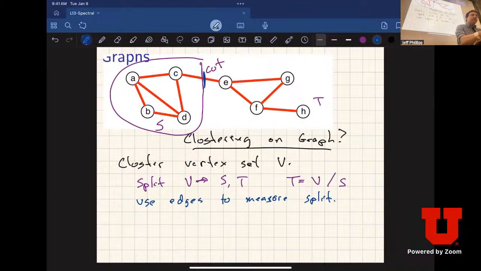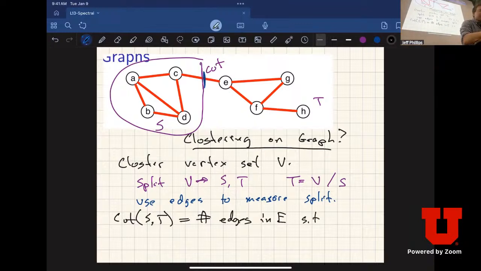So often we could think of the first approach: the cost of a cut between S and T is the number of edges in E, the edge set, such that for an edge (V1, V2), V1 is in S and V2 is in T. So it's the number of edges that cross over the cut.